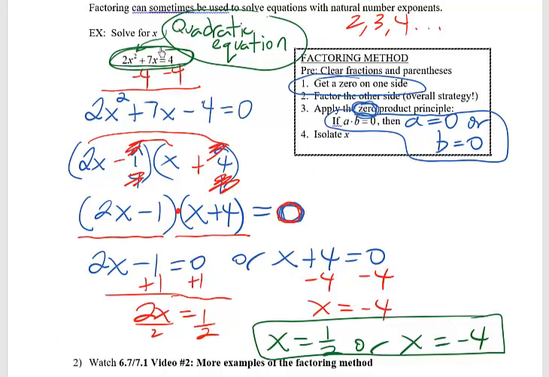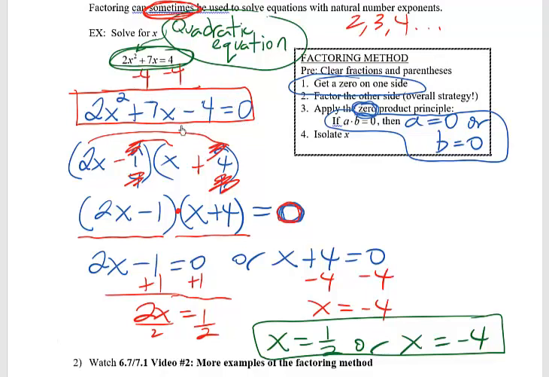And then one last comment, why the word sometimes up here in that original sentence? Why can factoring only be used sometimes? Maybe you've figured out why that is if you think back to this step right here. The only way that the factoring method works is after you get that 0 on one side, the polynomial that you have over here better not be prime.